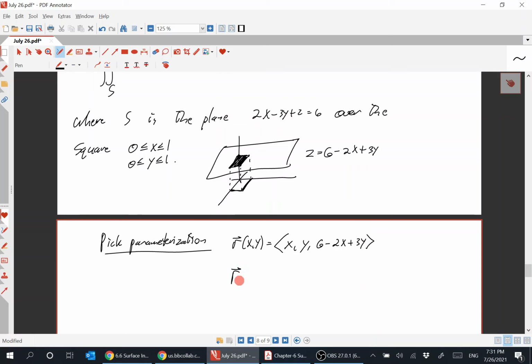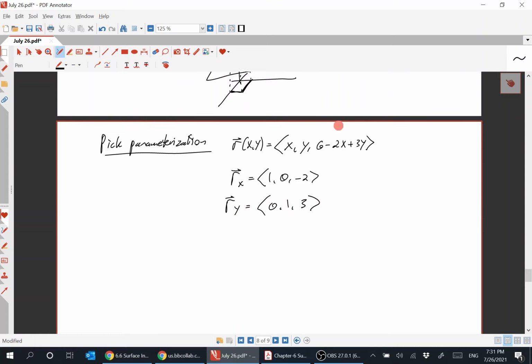Now you need your partial derivatives of r with respect to x and y.